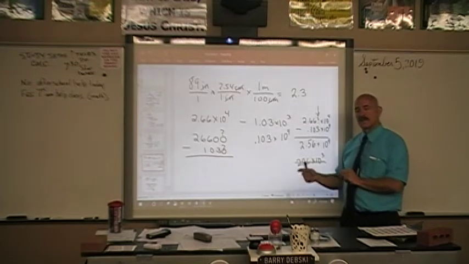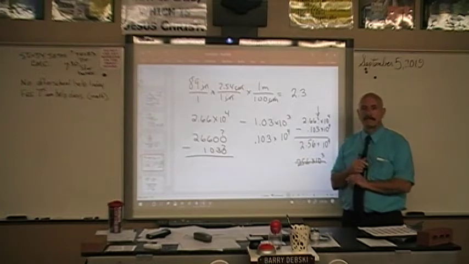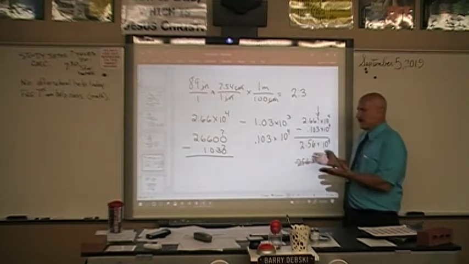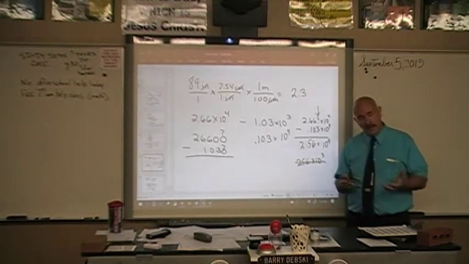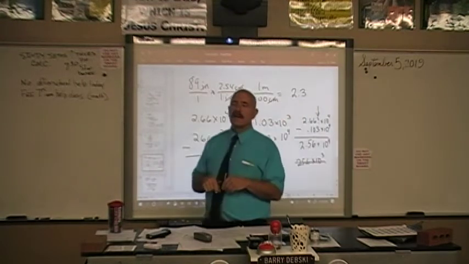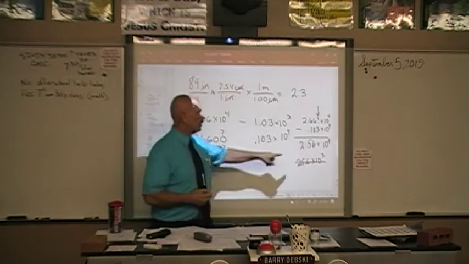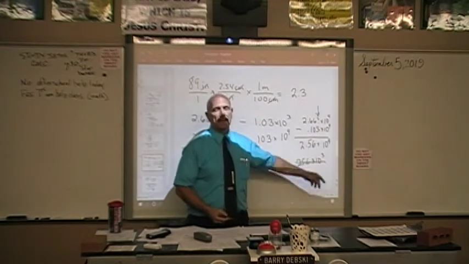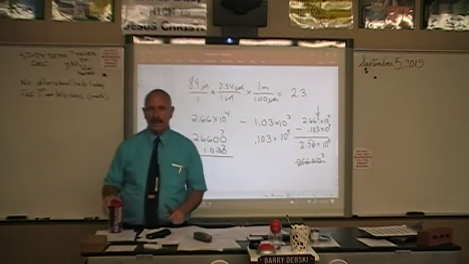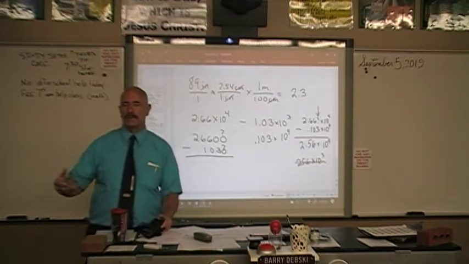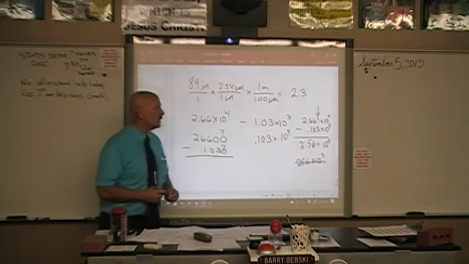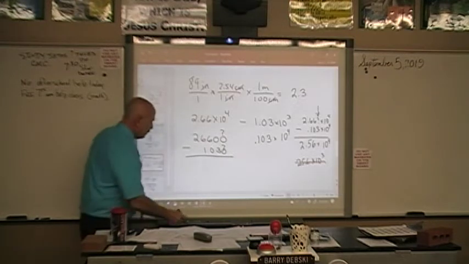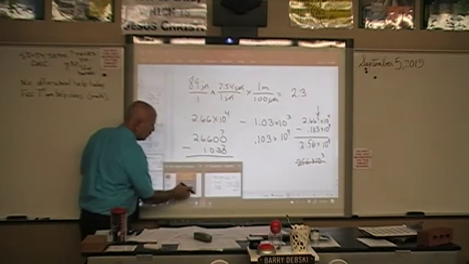That coefficient always needs to be between 1 and 10. It's mathematically correct, but as far as scientific notation goes, which we did cover in this chapter, it would be incorrect. So you would always go to a number between 1 and 10 times 10 to the 4th. There are exceptions to that rule when you're trying to use that number to do something else. Okay, we're just going to run real quick through the chapter here.